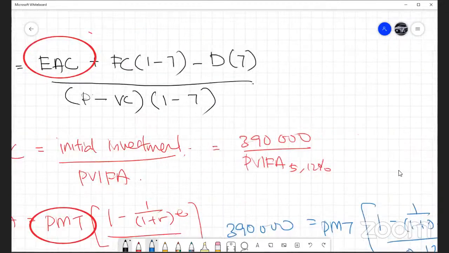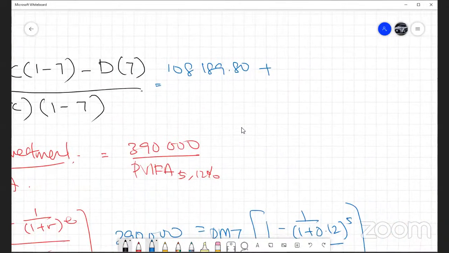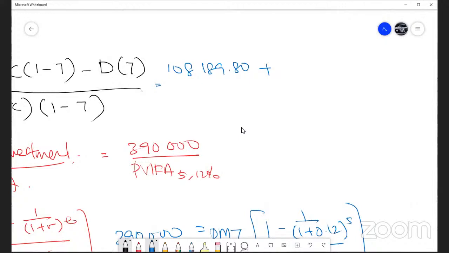So once you got this, you can fit it into these calculations. EAC we calculated just now, 108,189.8, plus the fixed cost from the question, 280,000, times 1 minus 0.34, minus depreciation.